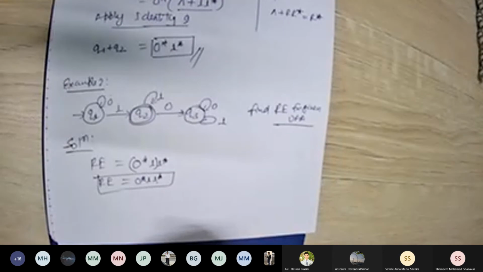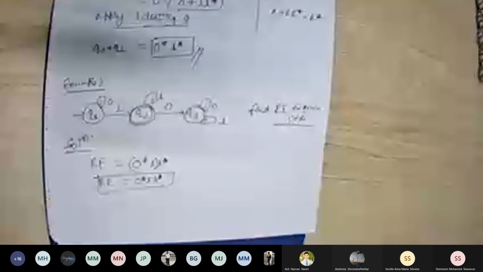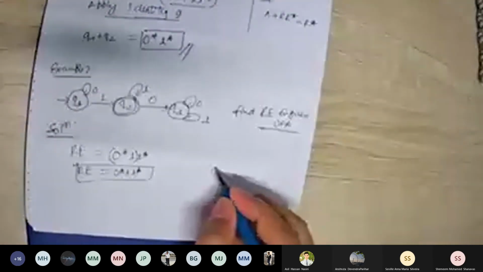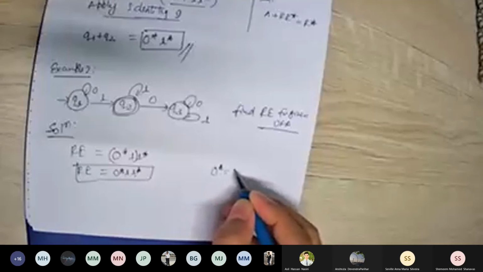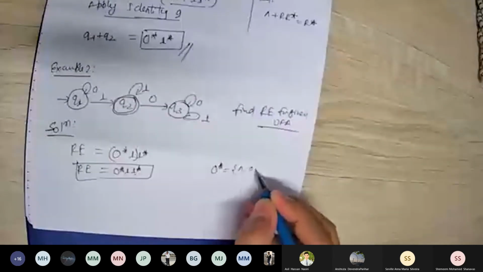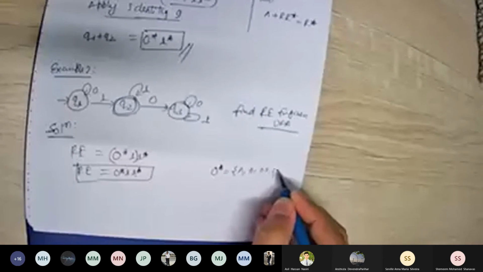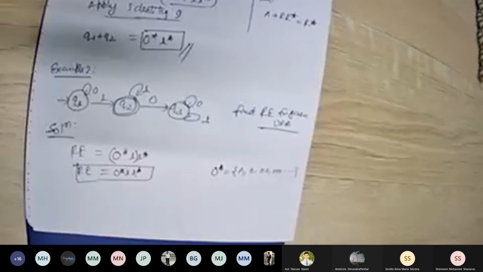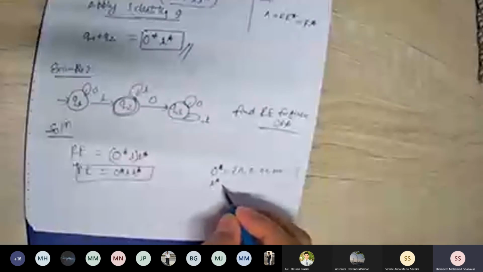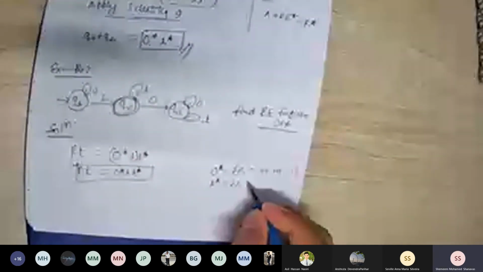It means at least a single one will be there. Because what is the meaning of 0 star? It could be null, it could be 0, double 0, triple 0, like that. What is the meaning of 1 star? Null, 1, double 1, triple 1, it can keep continuing.